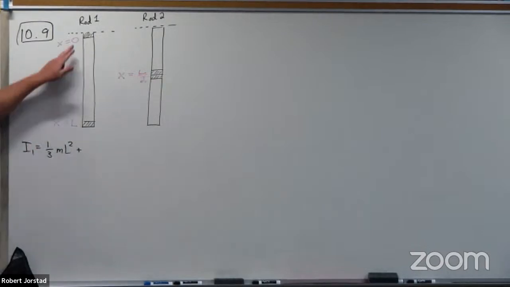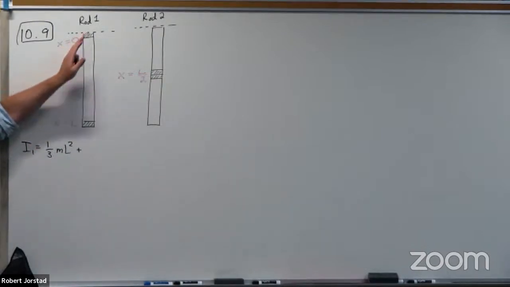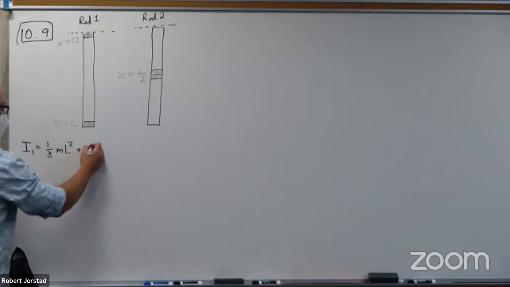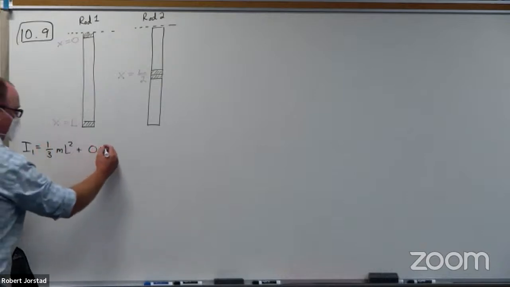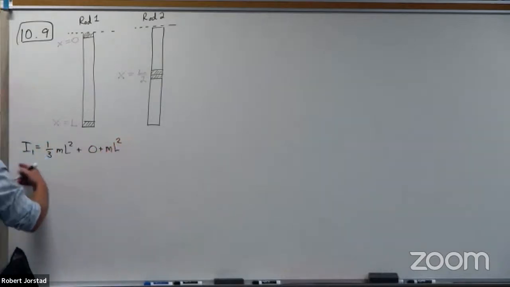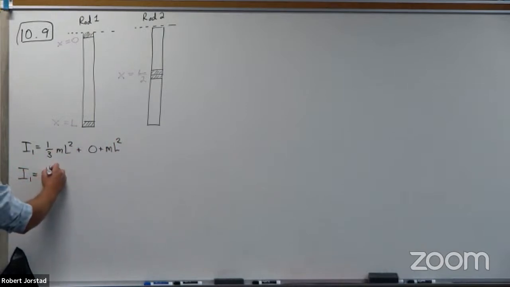If the point mass is on the axis, what is its moment of inertia? 0. How about this one? ml squared.